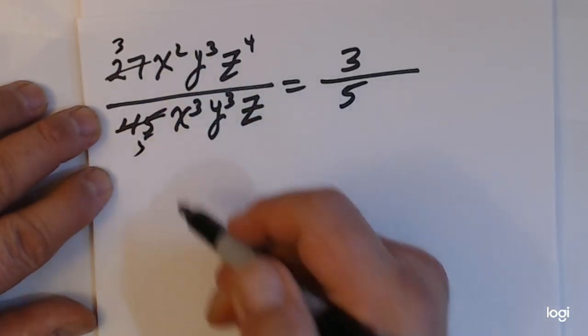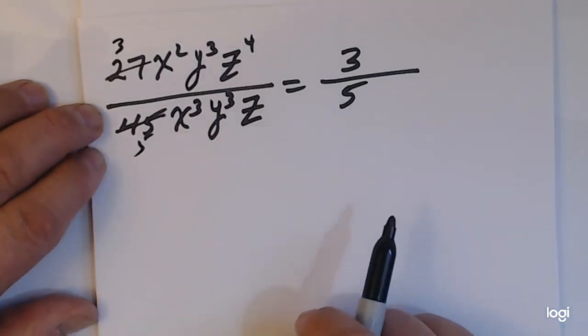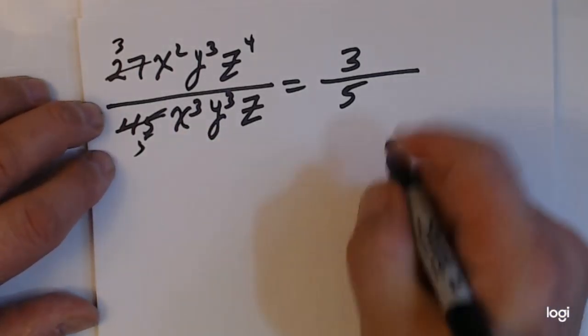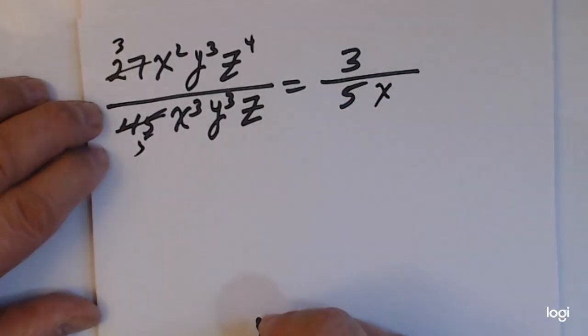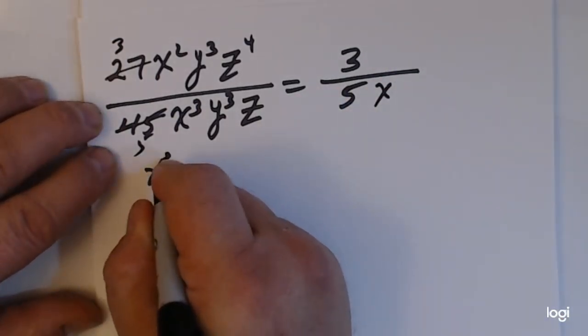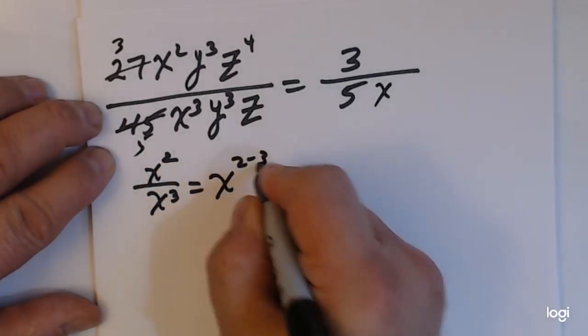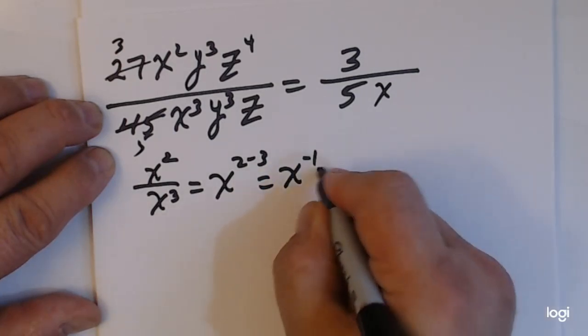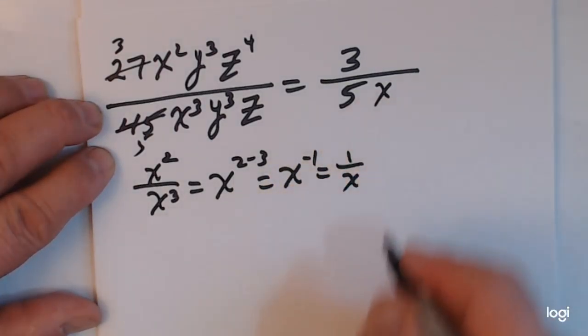x squared over x cubed is x to the 2 minus 3, which is x to the negative 1, which is 1 over x. So we're putting this in the denominator.